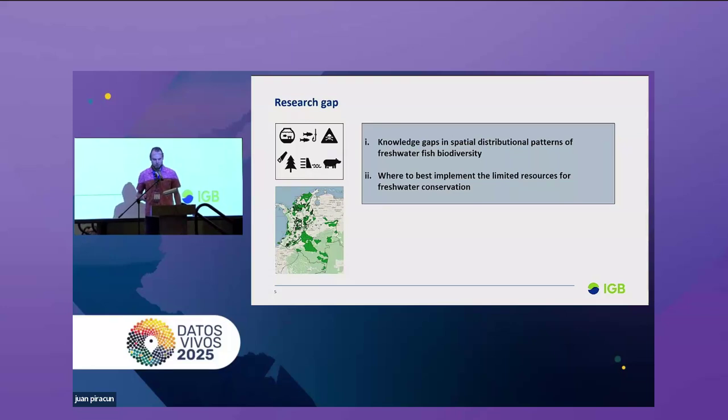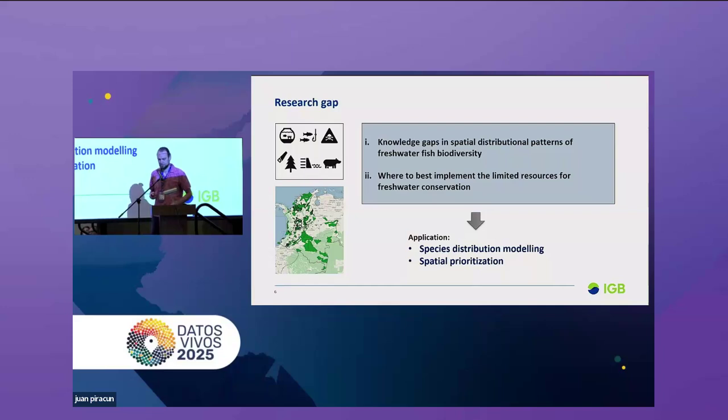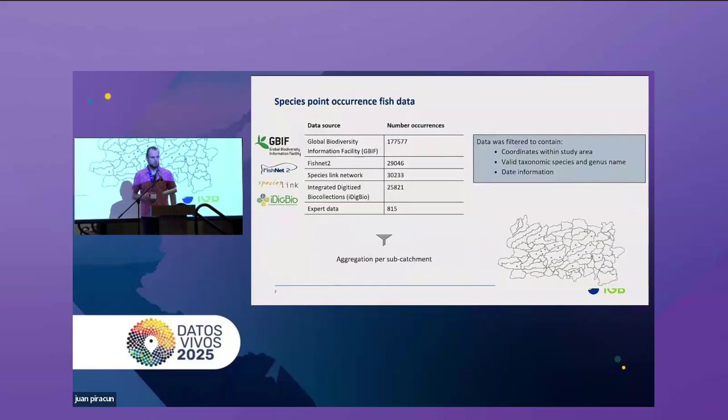And I used species distribution modeling as input for a spatial prioritization. So it's not an entire systematic conservation planning, but part of it. And I used publicly available data resources, which I then also filtered.